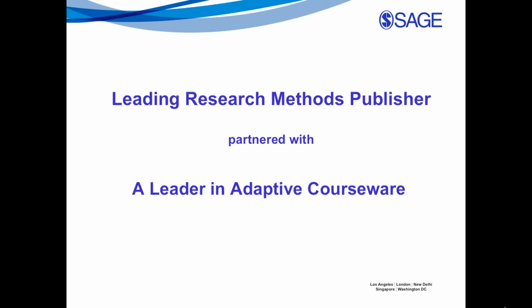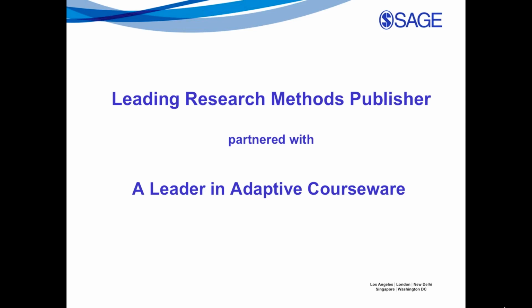And so we feel that the solutions to these challenges really lie in this educational research methods course and the partnership of SAGE with Acrobatiq. SAGE is the leading social science research methods book publisher in the world, and we've published over 1,200 research methods titles, and we currently publish 50 to 60 titles in research methods per year.